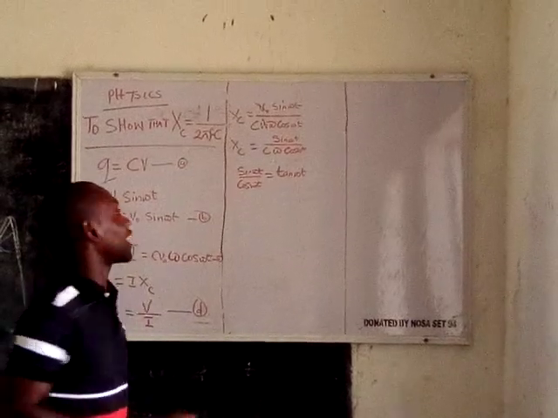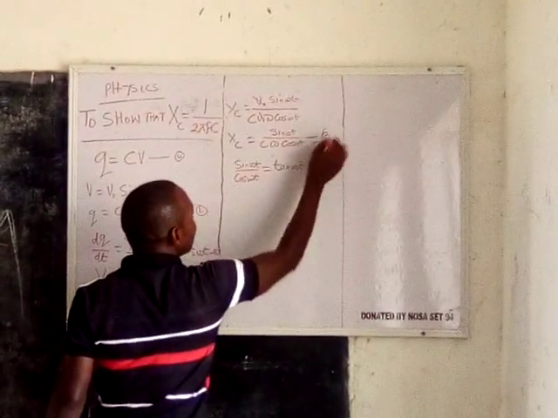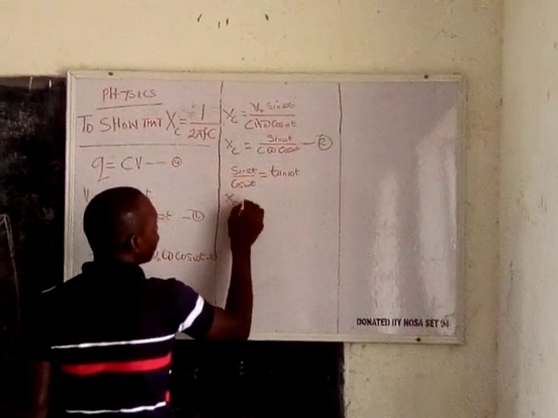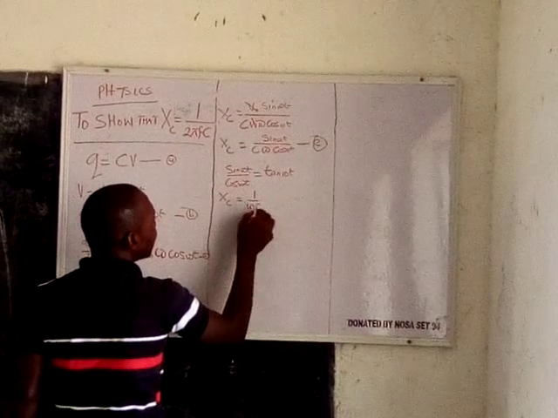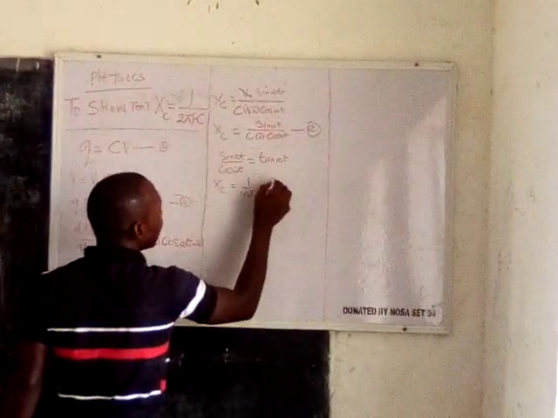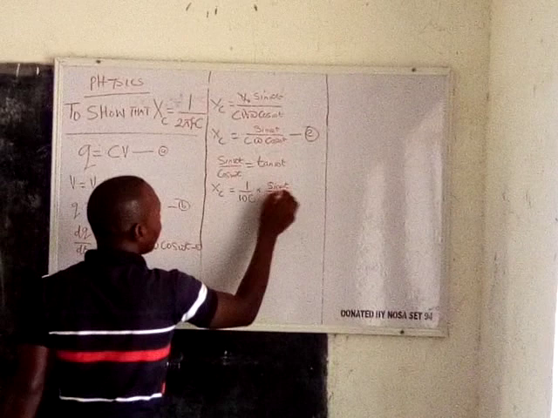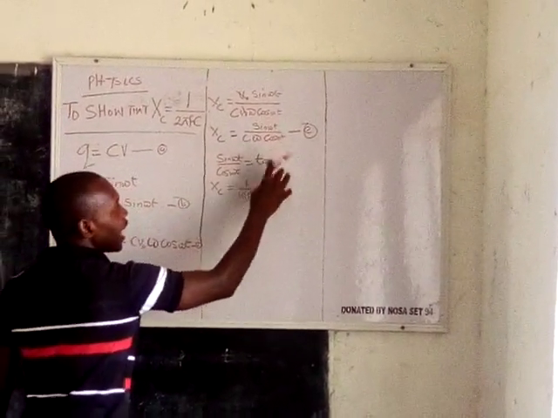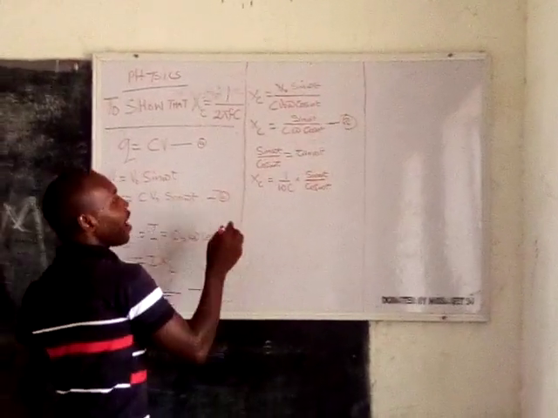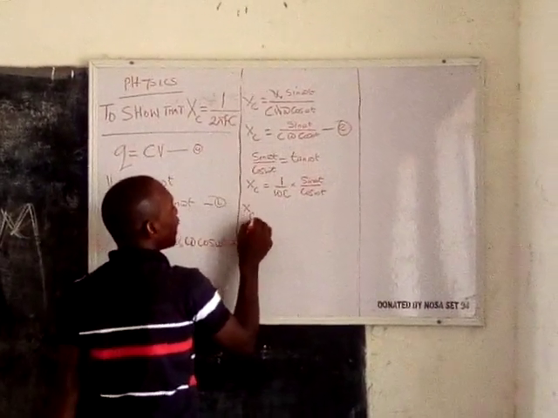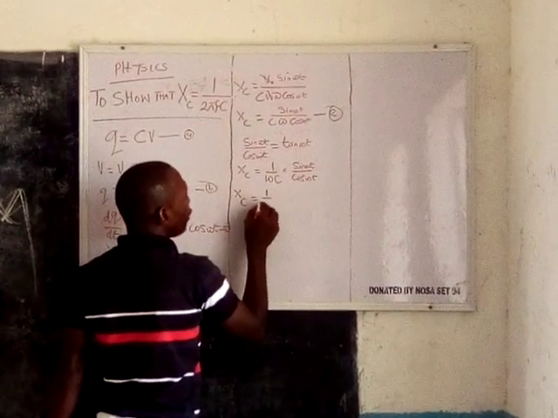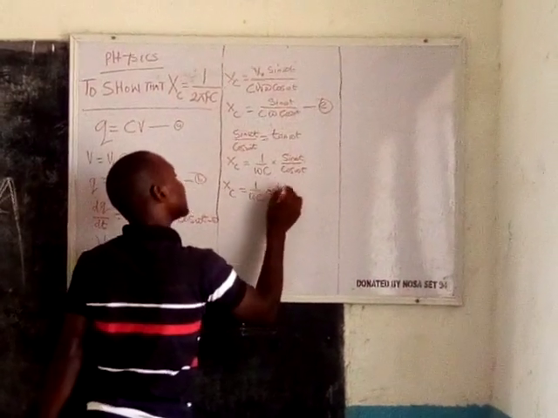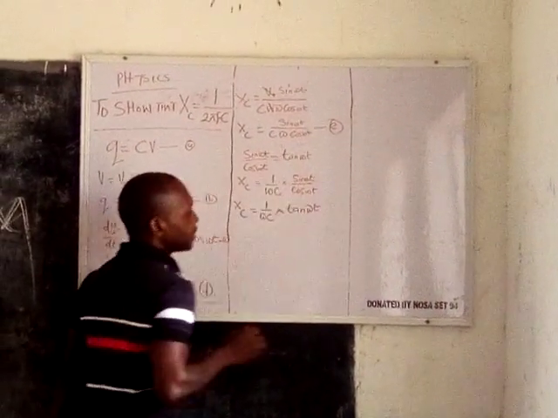So this equation, let me label it E, I can write as Xc equal to 1 over omega C multiplied by sine omega t over cos omega t. And this ratio here is just tan. So we have Xc equal to 1 over omega C multiplied by tan omega t.